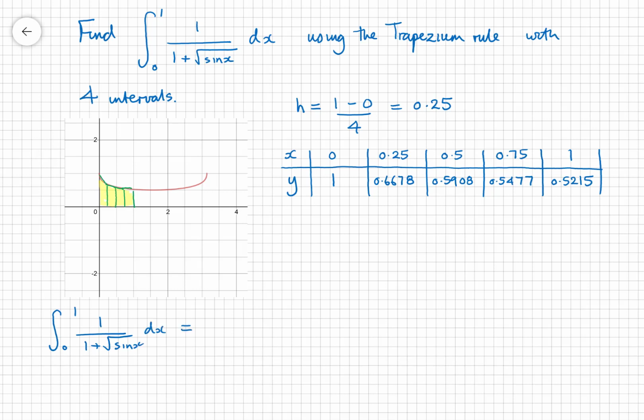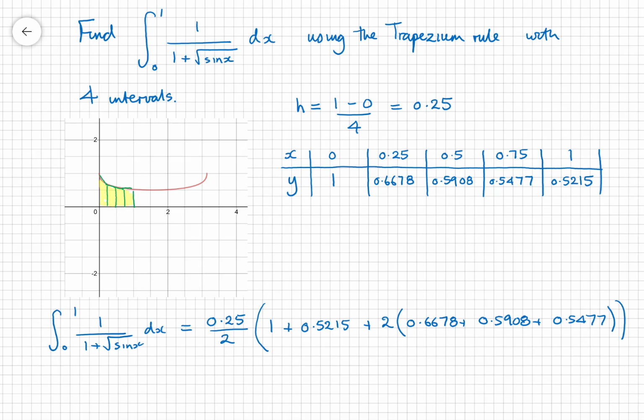And all we need to do is to put all the pieces in the right place. So we begin with h, in our case 0.25 divided by 2, multiplied by, we want the first and we want the last, 0.5215, and then we want 2 times all the other ones, 0.6678, 0.5908, and 0.5477.